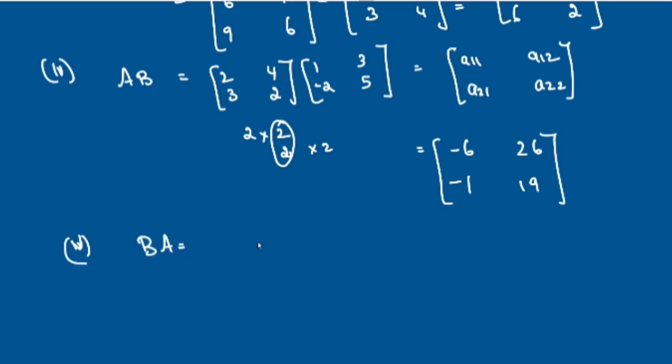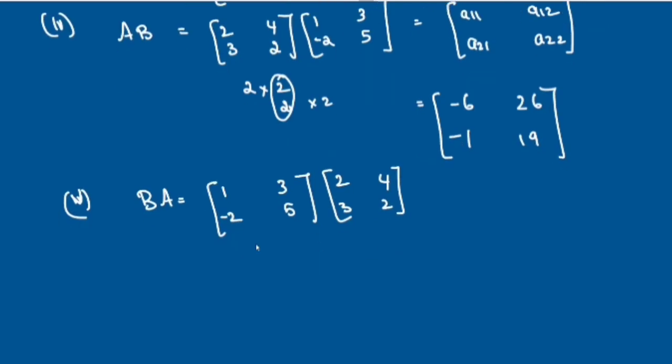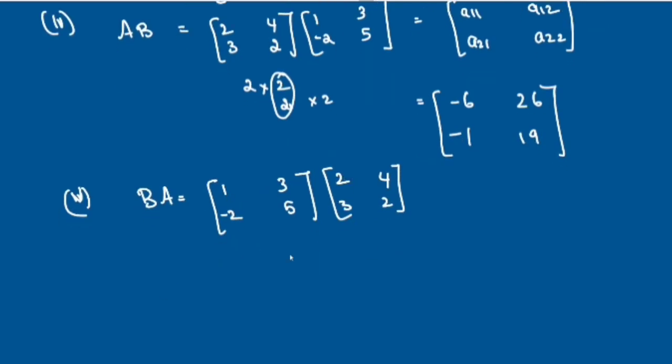So BA is, first you write matrix B. So matrix B is 1 3 minus 2 5, and matrix A is 2 4 3 2. So multiply now. 1 into 2, first row, first column. So 1 into 2 is 2 plus 9. So it is 11. Then first row, second column. 1 into 4 plus 6, 3 into 2 is 6.